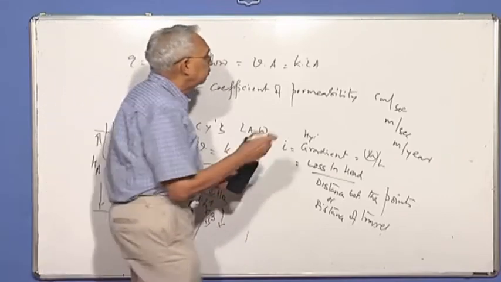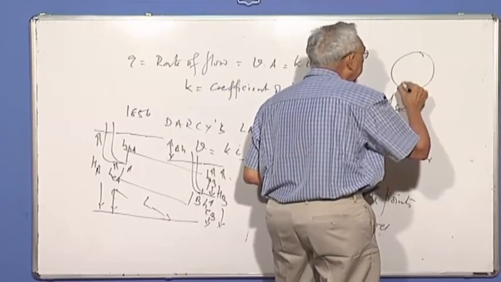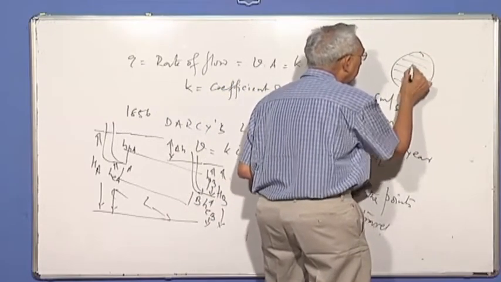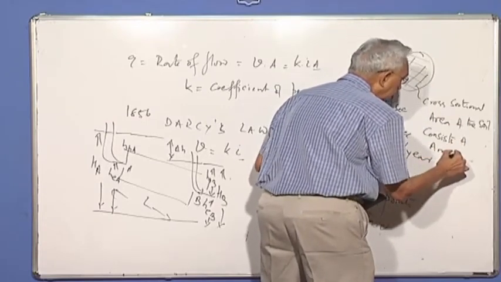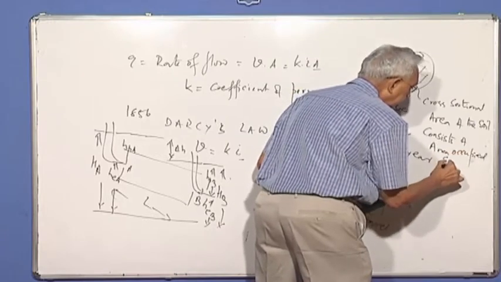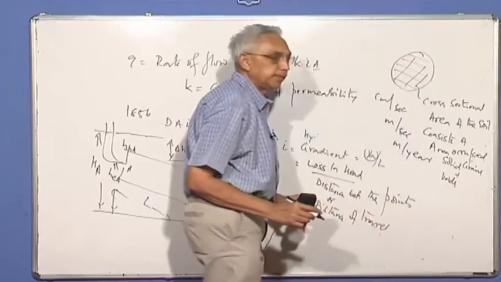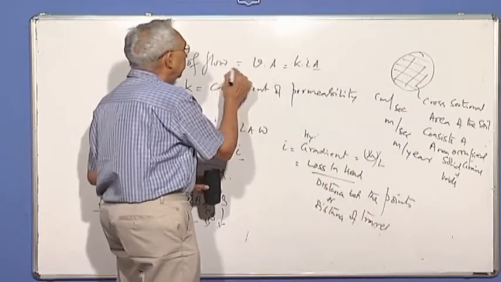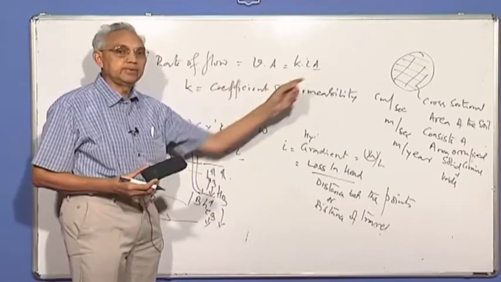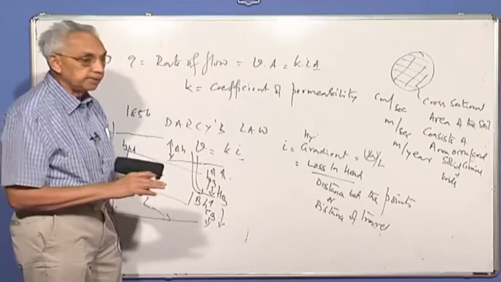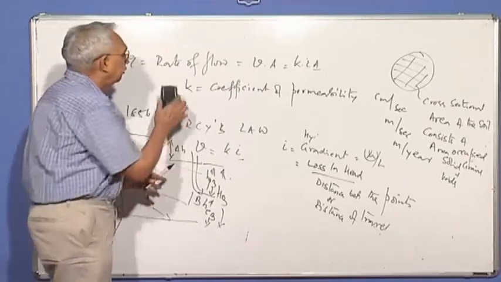The point I'd like to make, which I made last time, was this: Darcy looked at the whole cross section of the soil. So this consists of area occupied by solid grains plus the voids. So he has taken the total area. So when I want to get the rate of flow or discharge, you have to use the cross-sectional area. Then you may ask, if the flow is only taking place through the voids, what will be the velocity?